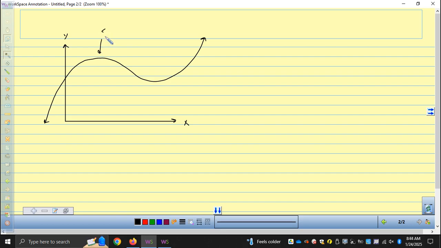That's my solution curve. And here's that point x0, y0, where we're constructing a tangent line. I'll do my line in blue. So this is my tangent line L of x.